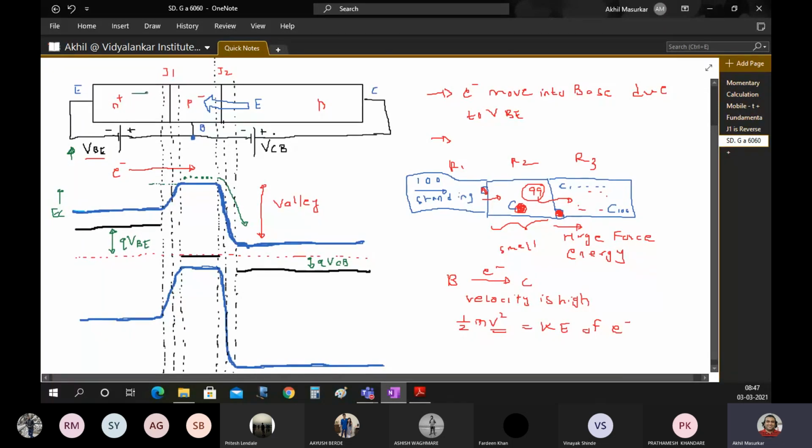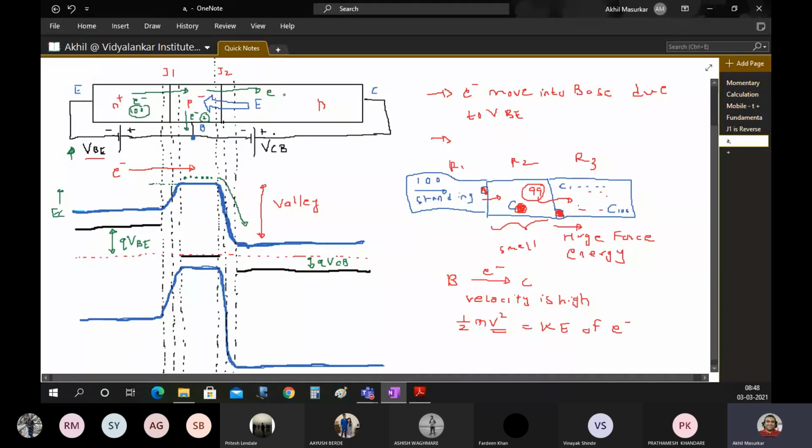The electrons are moving like this. Some recombine in the base and are collected at the base terminal, and the majority of these electrons go into the collector. So let us say if I inject 100, one goes into the base and 99 are going to come here.